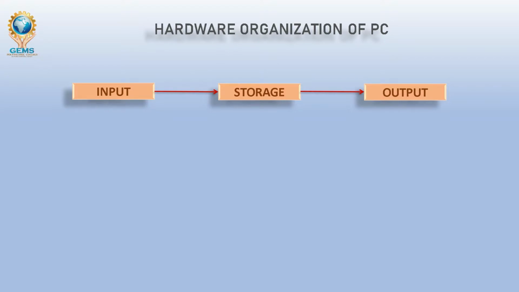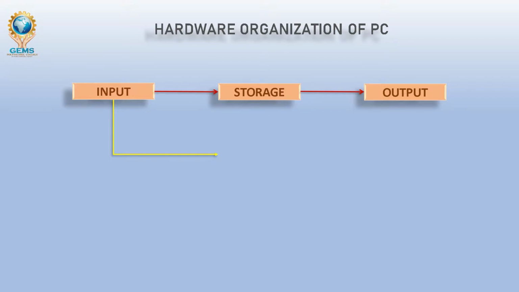Between this, one more process is also going on. When we input an instruction to a system, it will be stored as data in a storage device, but that data has to be processed before giving output as a result.